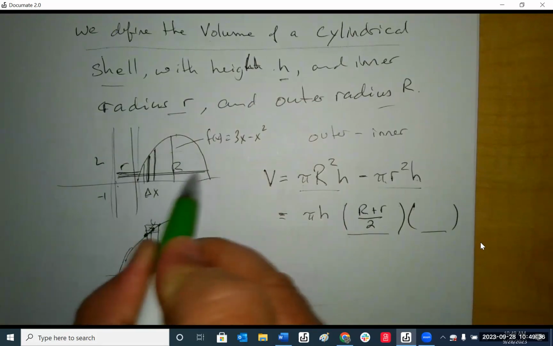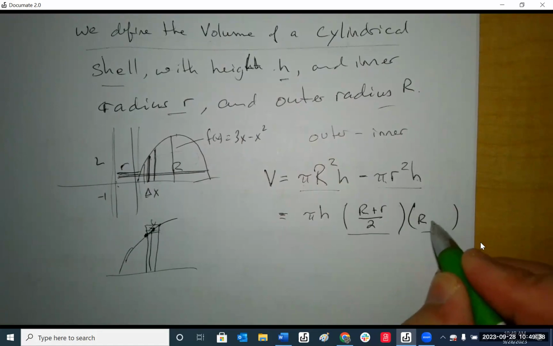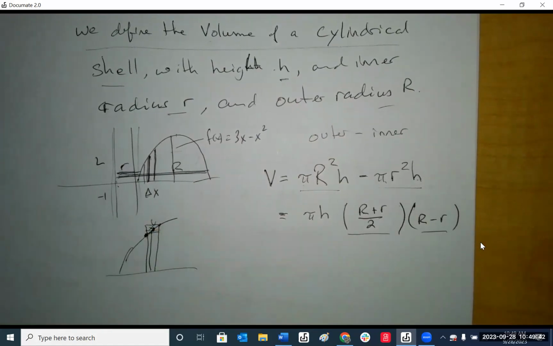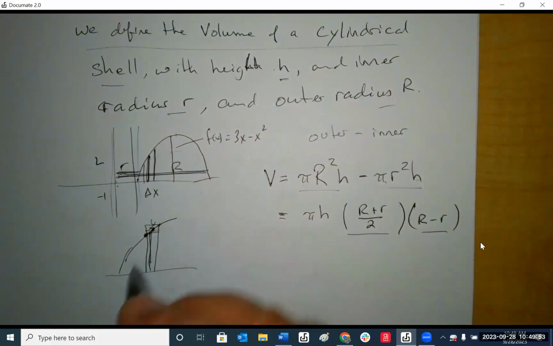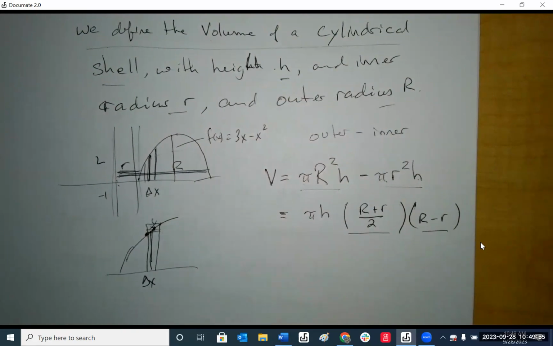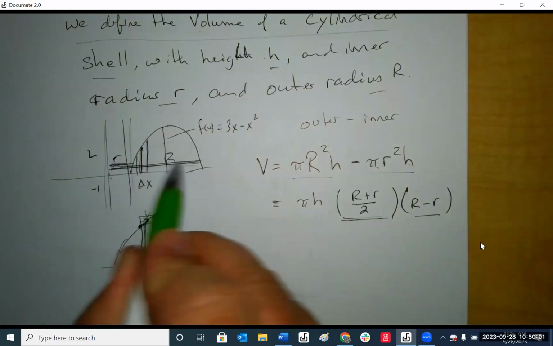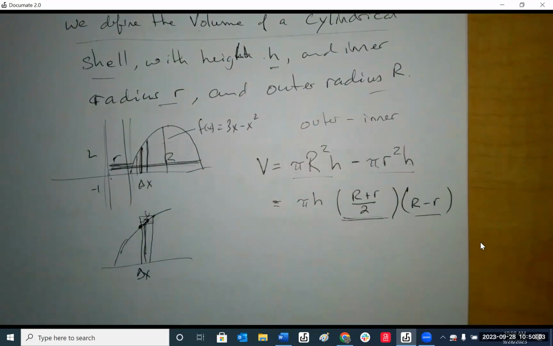And then we have to find the difference of these two. We have to find R minus r. It's this outer one minus the inner one. Because now we have the height, now we need the width. We have the height of our delta x. That's what this is. And how wide our object is is given by this.